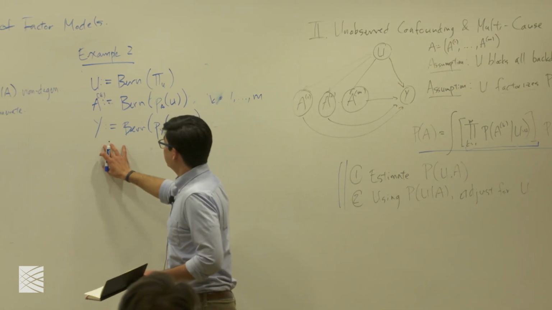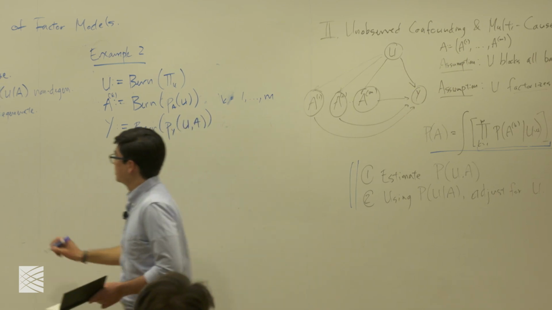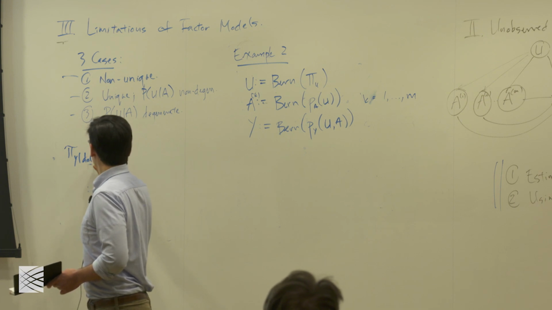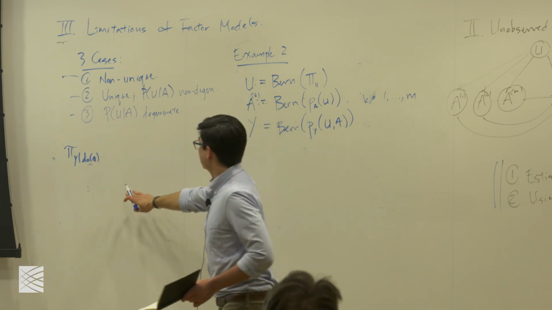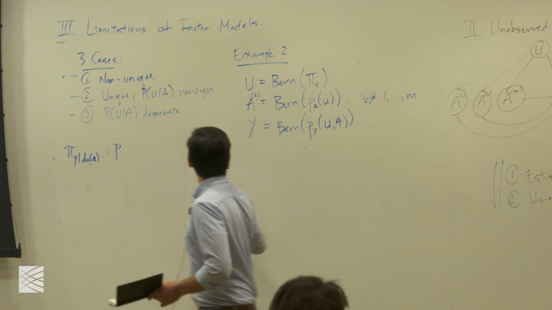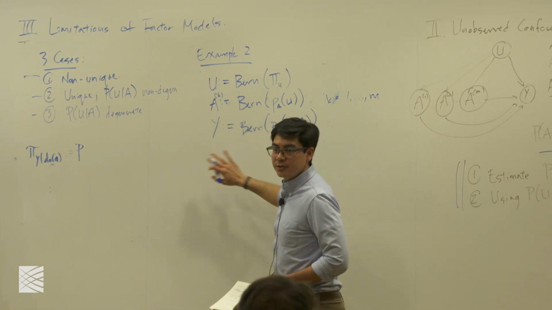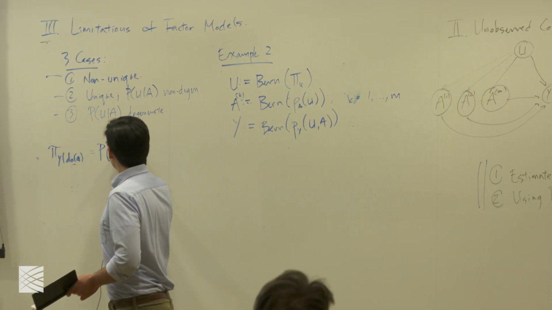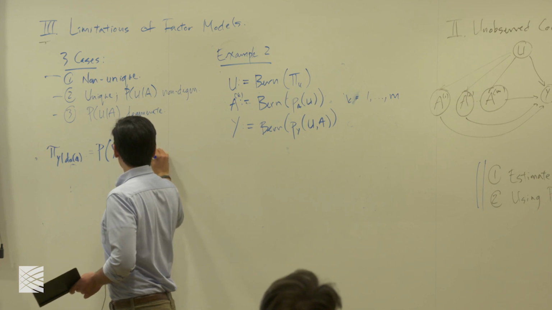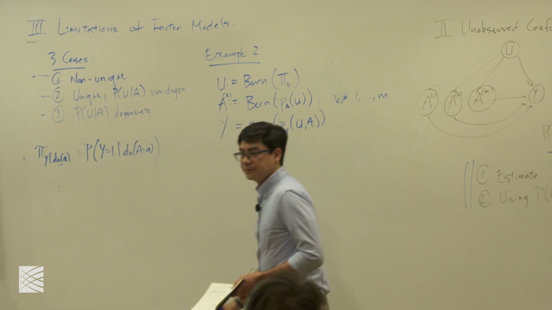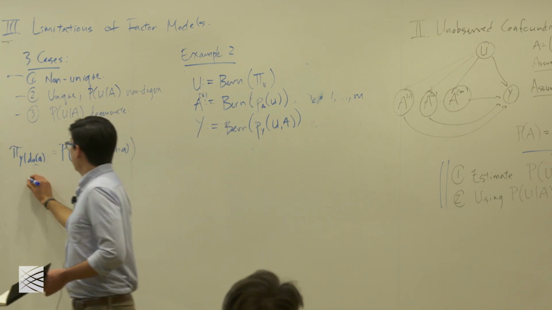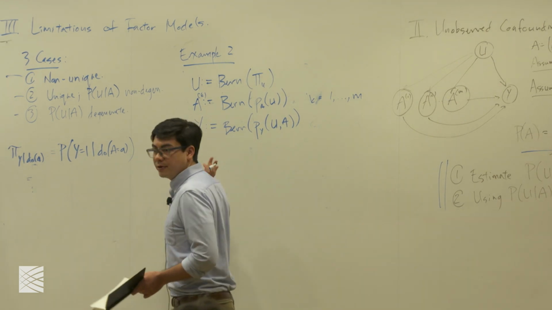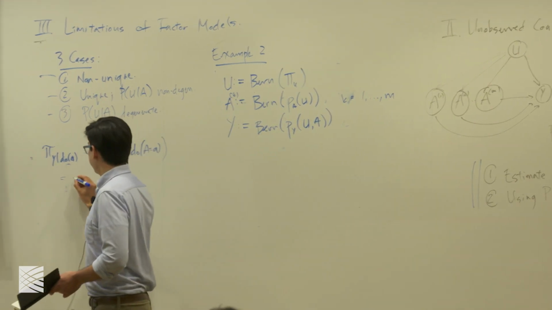And what we are going to attempt to recover from this, I'm going to call it pi of y given do a. Because y here is binary, we can summarize the entire distribution of y in just one number. That's just the probability that y is equal to 1, given that we set a equal to lowercase a. And the nice thing here is that because u is binary, the integral that I wrote out earlier for how to recover this is just a sum with two terms.